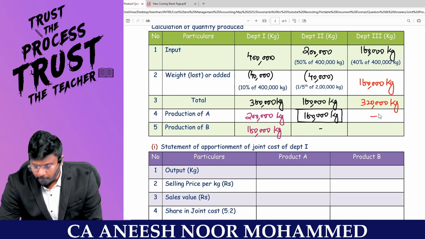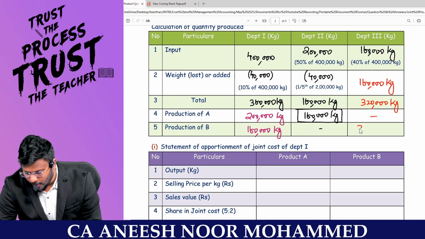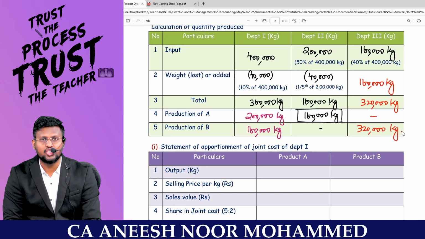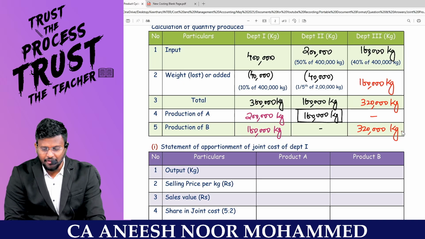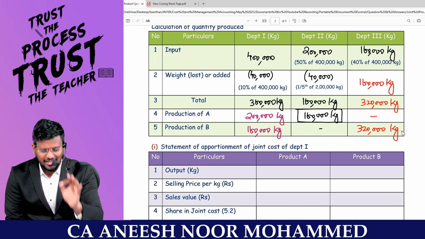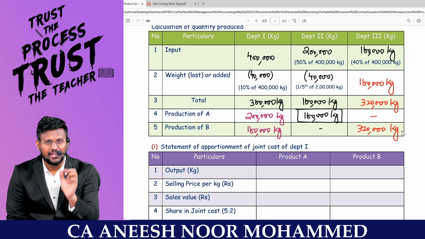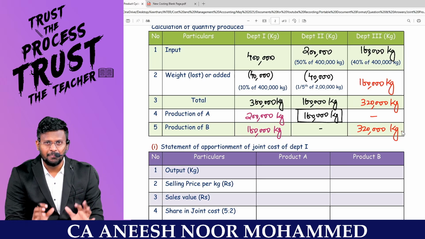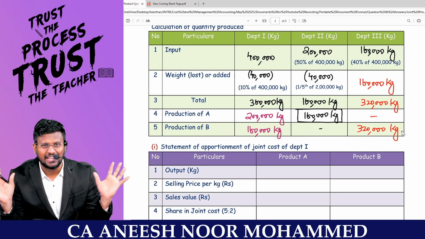And it will not be product A, it will be product B of 3,20,000 kg, my dear lovable students. I believe that you have done this analysis perfectly. If you got this analysis, which is what is happening in department 1, department 2 and department 3, then you can easily crack the question.